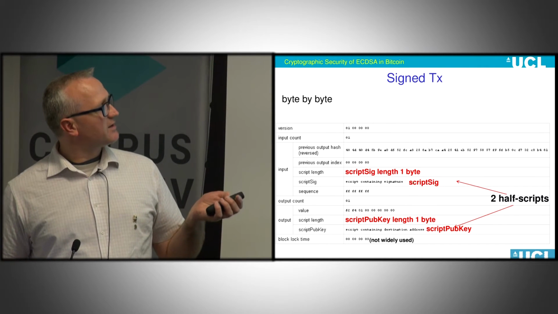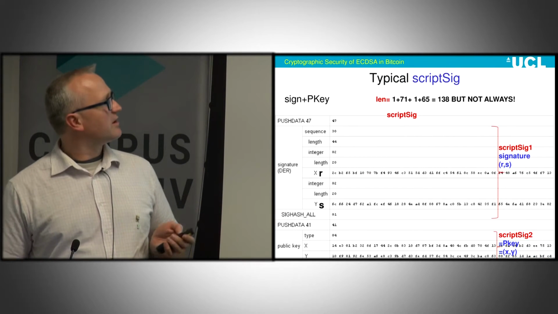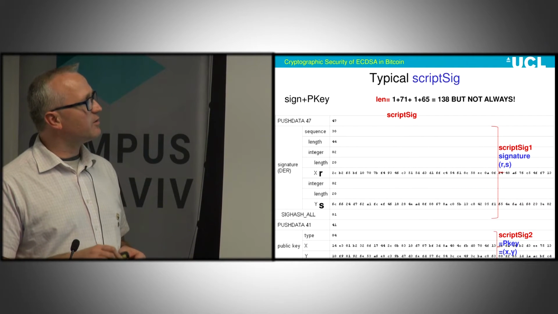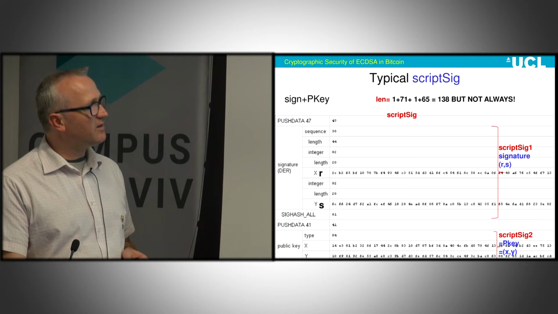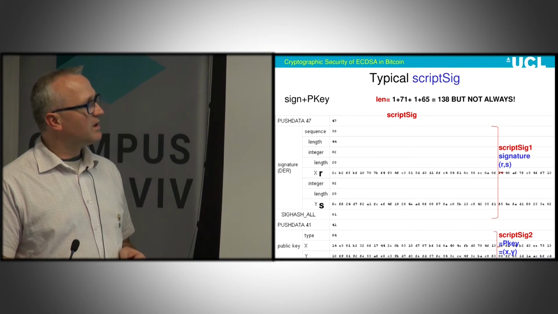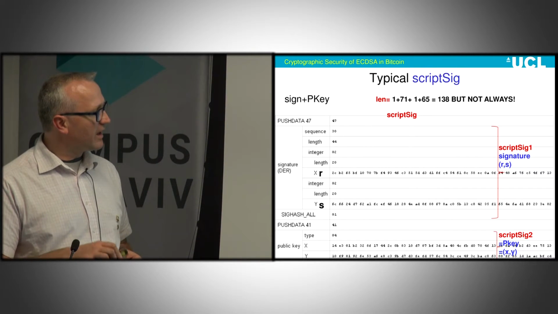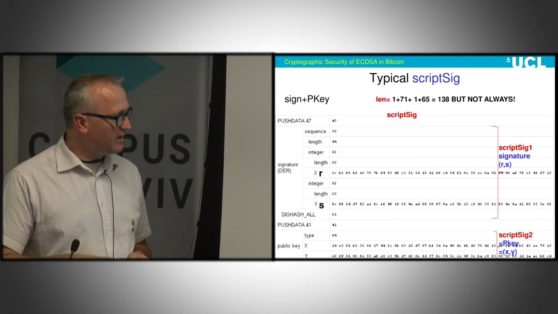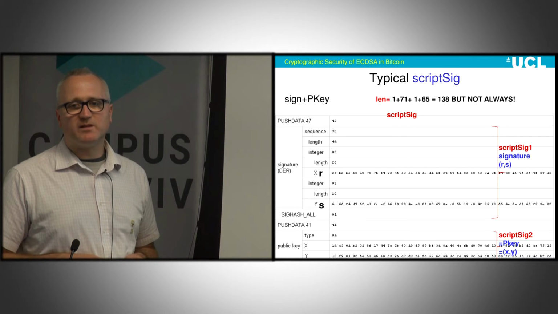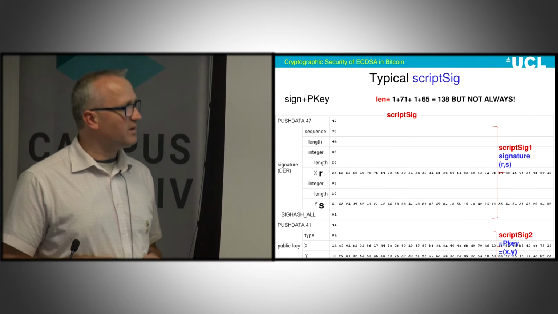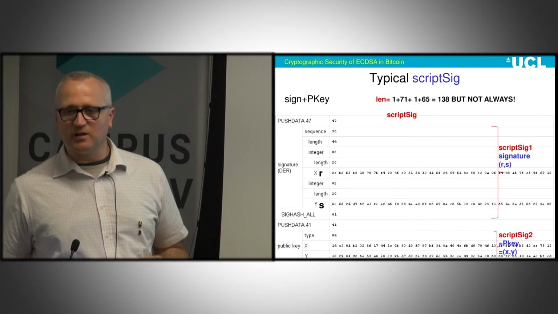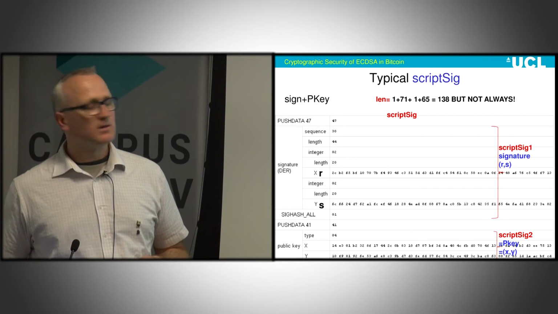And inside this script, you have digital signatures. You have an ECDSA signature, with one large integer, typically called R, and another large integer, called S. And typically you have the public key, which is revealed at this moment. In a majority of cases, it's not known before, which is not a bug, it's a feature.